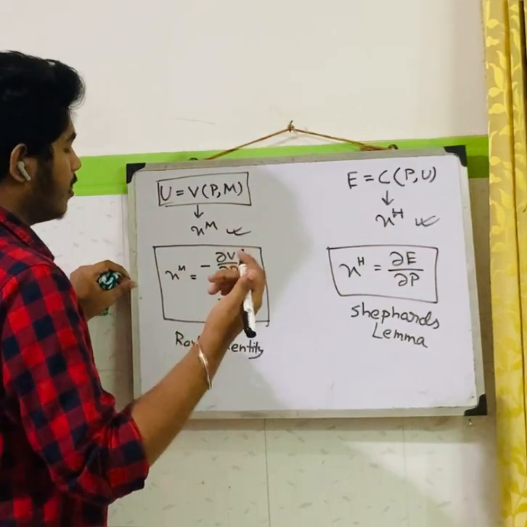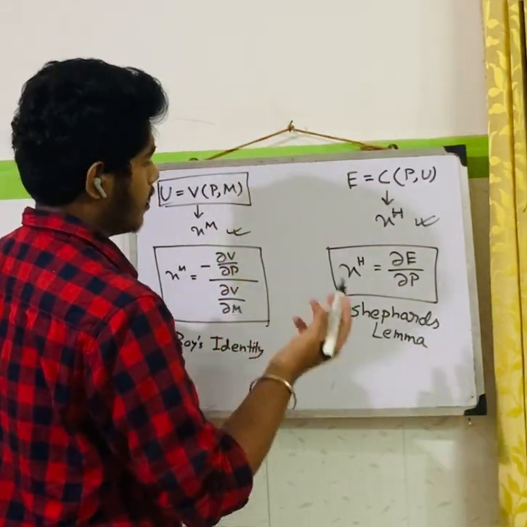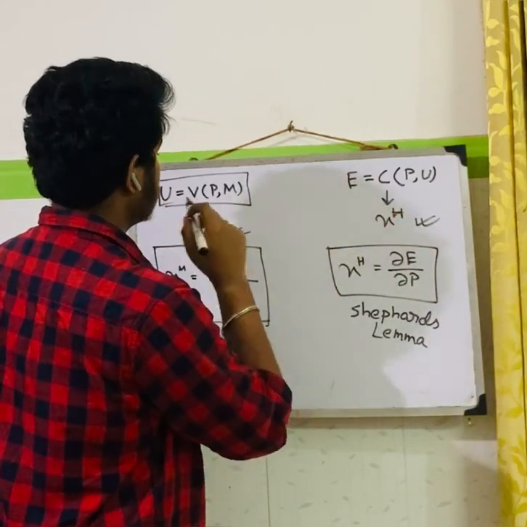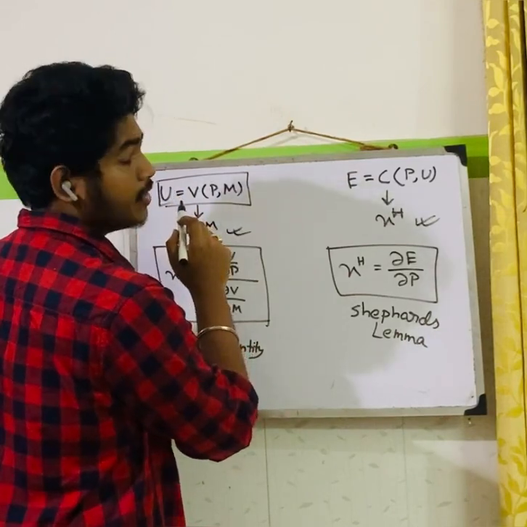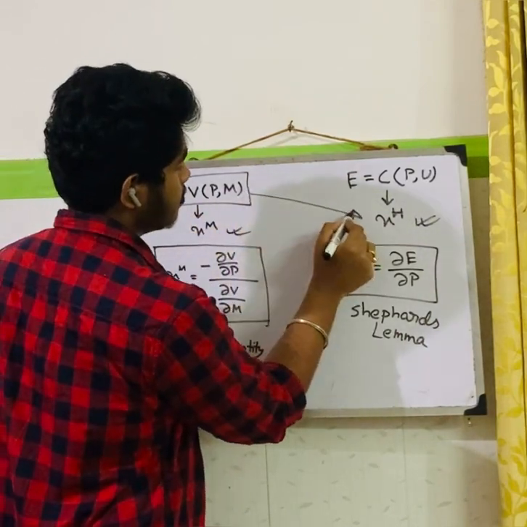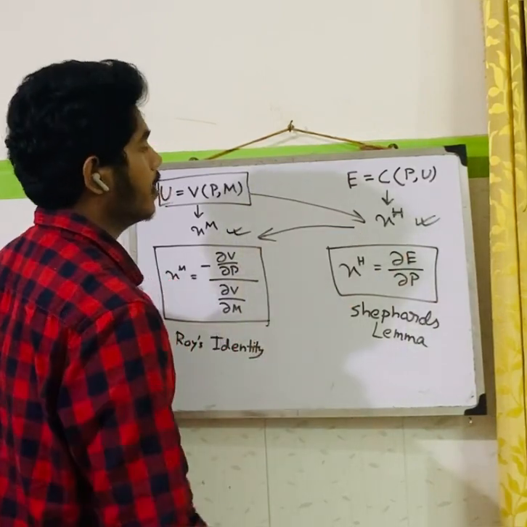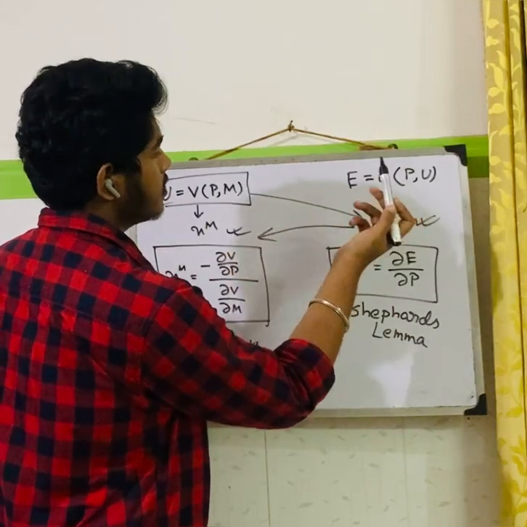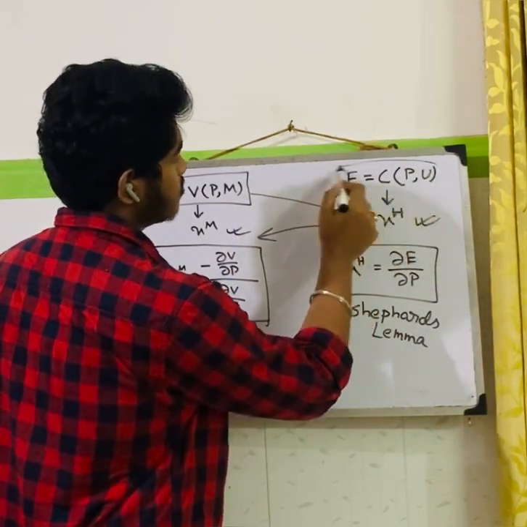Now we can derive our Marshallian demand by another process, like we can just put this indirect utility function into Hicksian demand, so we can get our Marshallian demand. Now let's say we have been given an expenditure function.